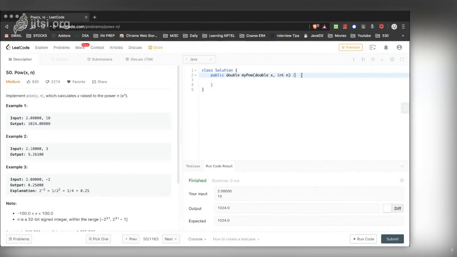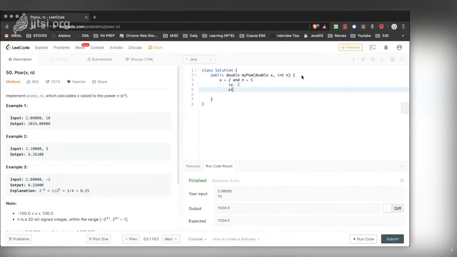Say for example, we are trying to find 2 power 5, where x is equal to 2 and n is equal to 5. First we'll divide this 5 by half, that is 2, and find the solution for 2 power 2, and we'll continue this process until n is equal to 0.